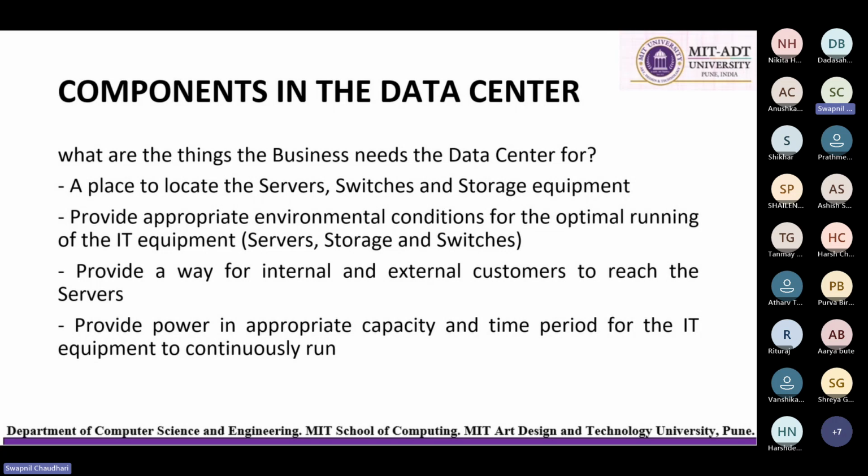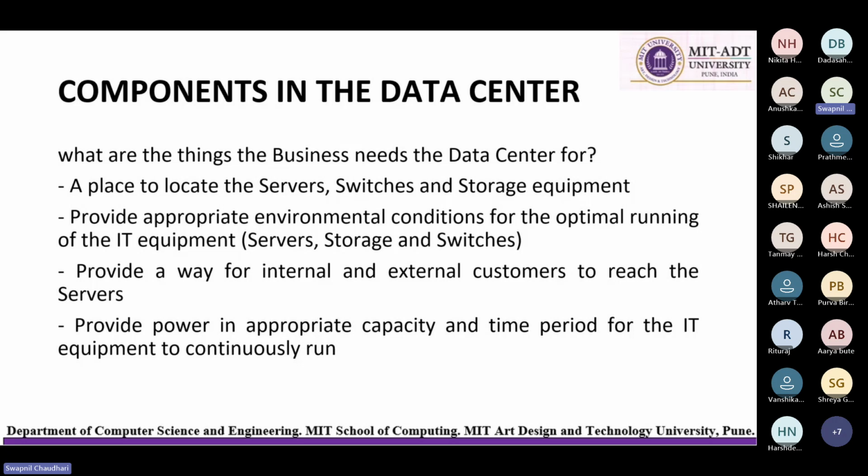Let's summarize: the data center is generally designed to provide four critical things. The first one is physical space to host the IT equipment. Second is a controlled environment for safe operations.